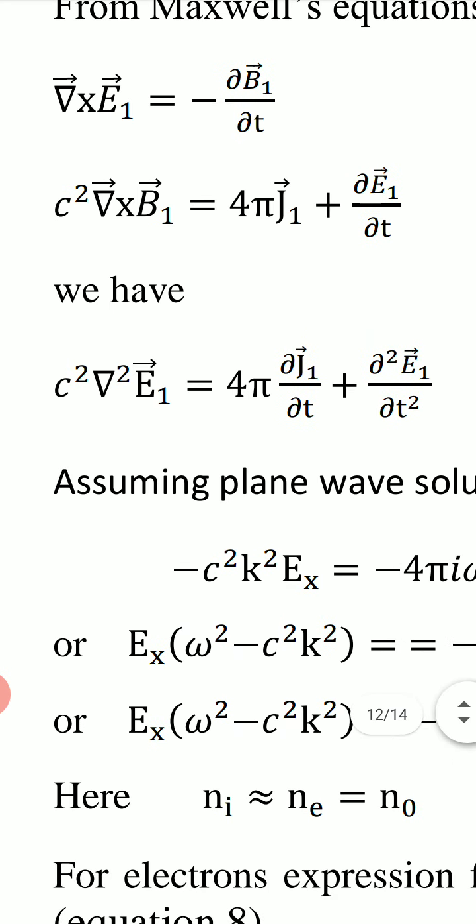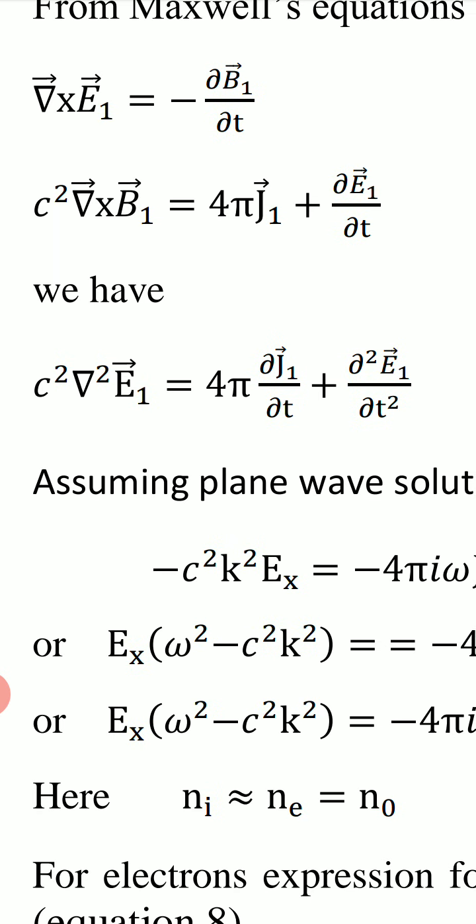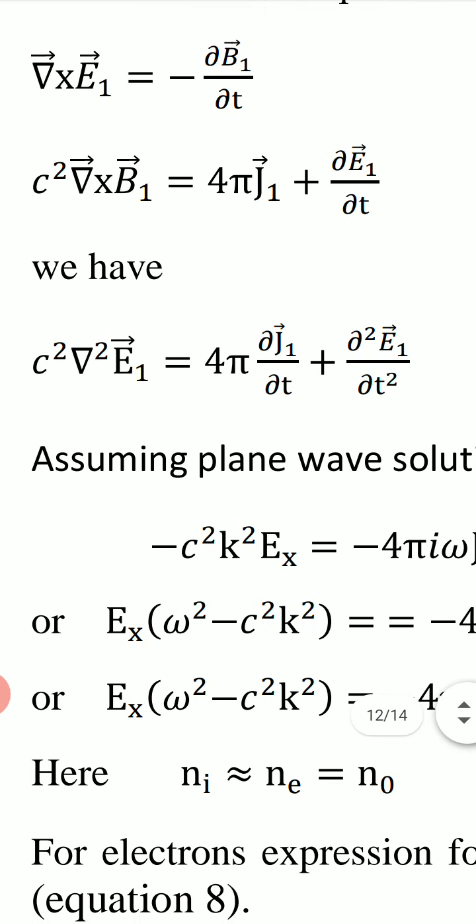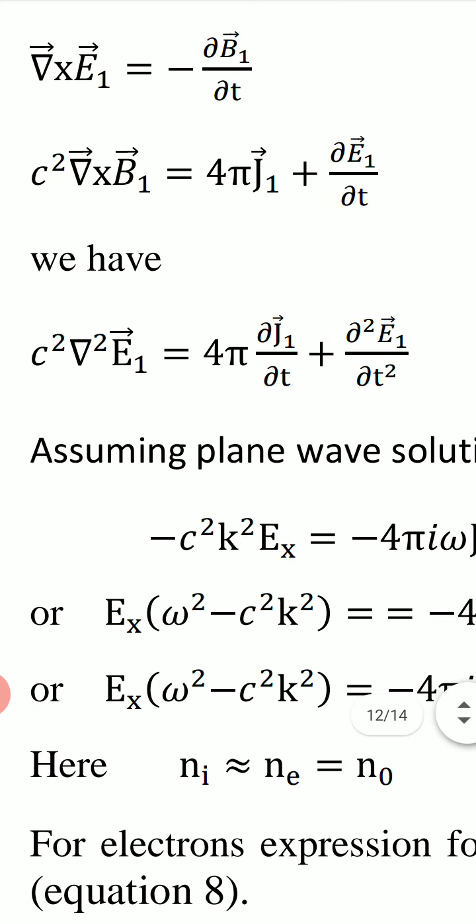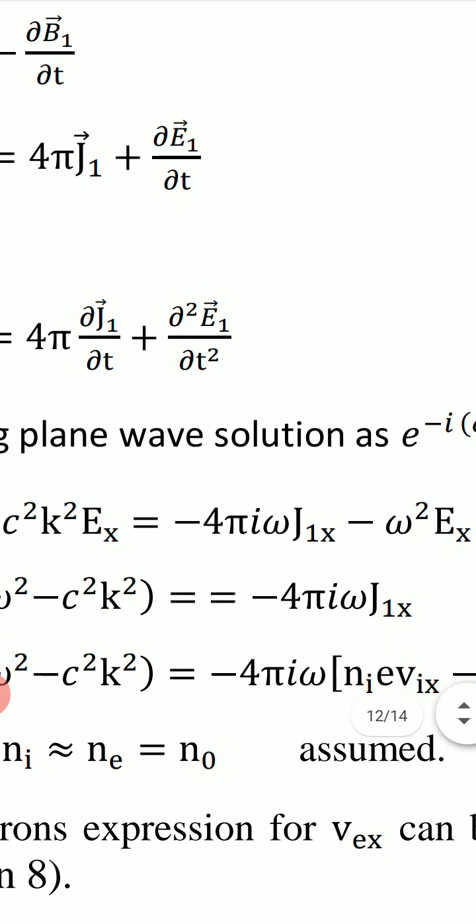From these Maxwell equations we have c square del square E1 equal to 4 pi delta J1 upon delta T plus d2 E1 upon dt square.